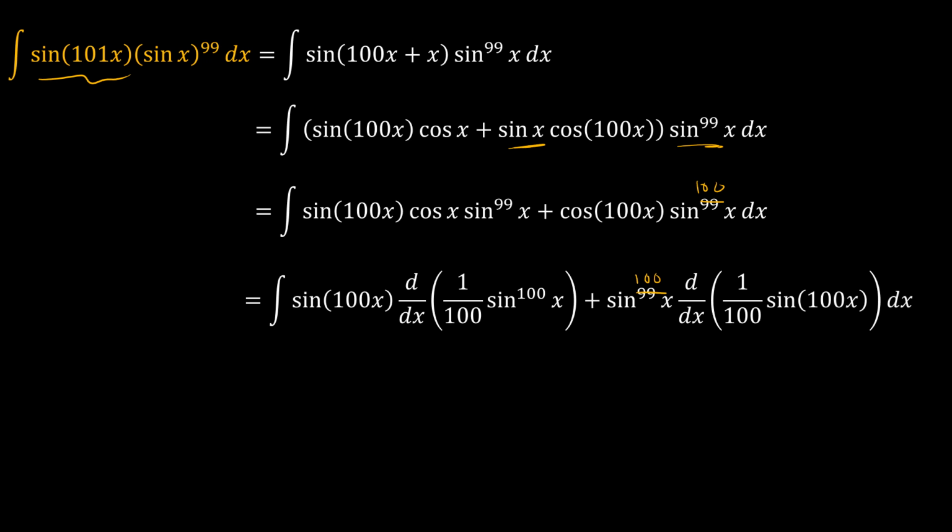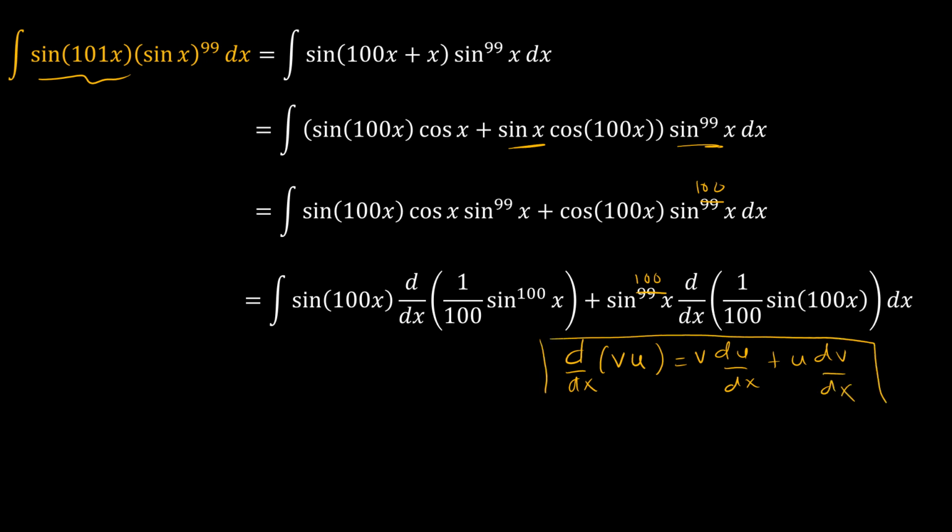And knowing that if you have the derivative of a product of two functions, so let's say you differentiate v and u, you get v du dx plus u dv dx. Knowing this, we can already see that this part is what we have under the integral sign.